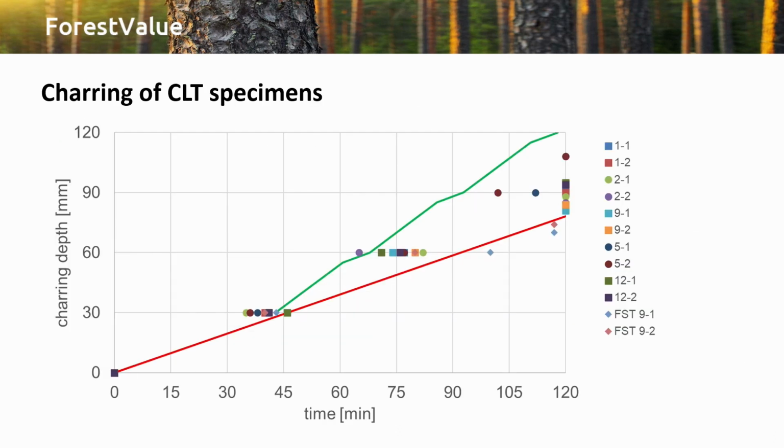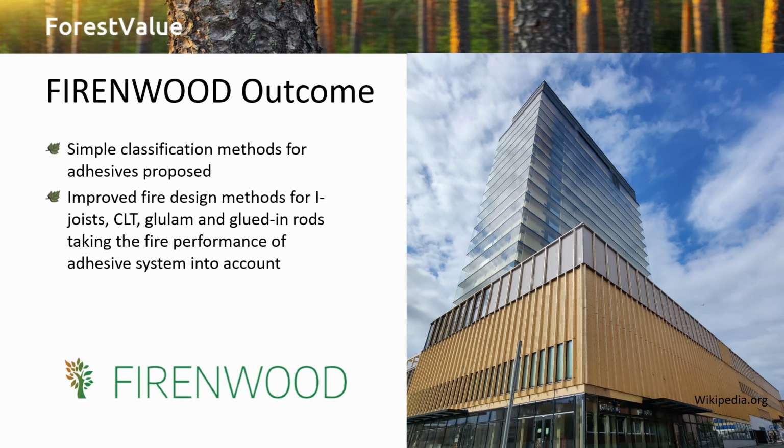Because if we look at the test results, you can see that we are more or less between bond line integrity maintained and not maintained in the calculation. So maybe the slope of these parts of the charring graph is a little bit too steep. So we can maybe bring them down a little bit as well. But that's ongoing. The end of the project, I think, is somewhere in the autumn, so stay tuned for that.